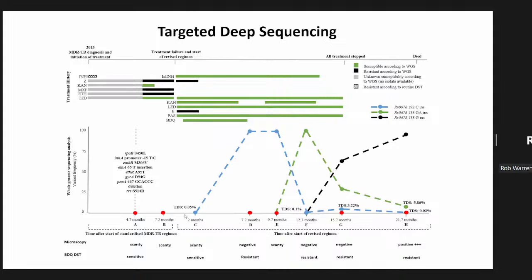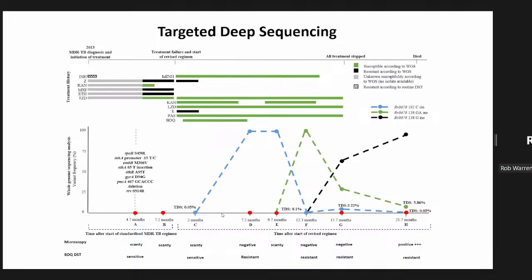That mutation that became dominant after 7 months was already present. This is something we called pre-resistance, long before we would have detected it phenotypically, as you can see. It's quite important, because now this tool can allow us to find resistance very early that will allow us to manage the patient perhaps better.